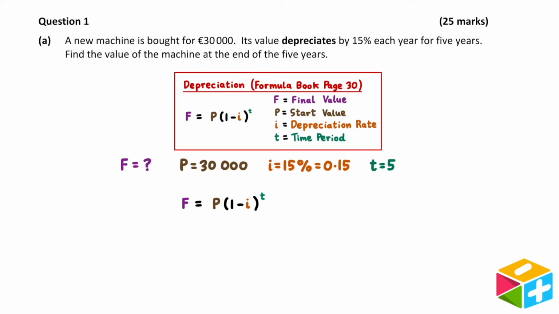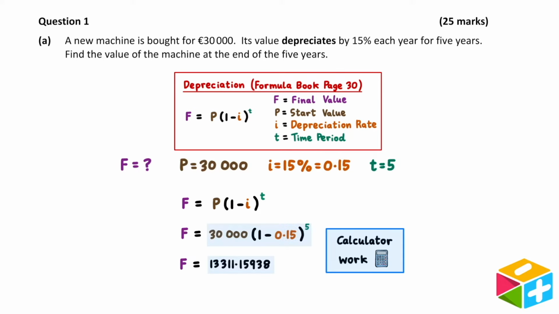Now that we know the values of each of our letters, let's plug them into the formula. From here, we simply need to get out our calculator and do the calculation on the right-hand side.